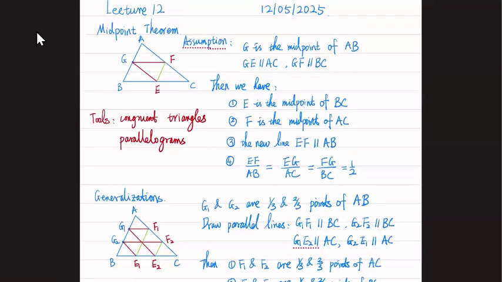For example, because we draw it in this way, these two lines are parallel, these two lines are parallel. So ECFG is a parallelogram. We use this property in our proof of the theorem.